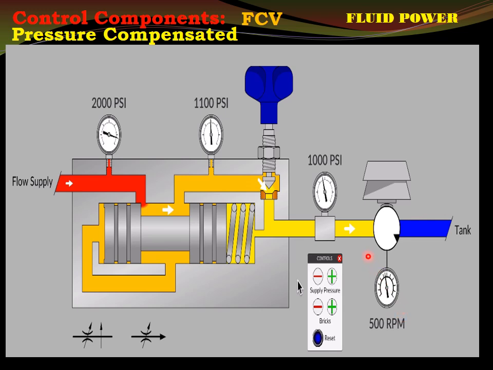And I should mention, the pressure difference across this FCV will also remain constant because we are not changing the area. Okay, so the pressure difference must remain constant, otherwise flow through it shouldn't remain constant, because if we change the load, this pressure will increase. Right?